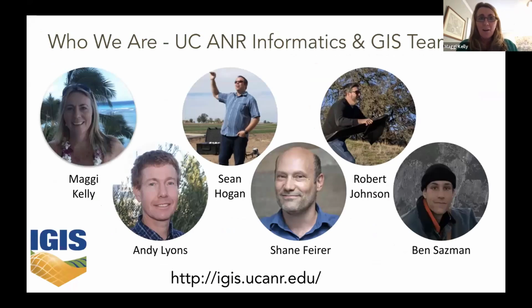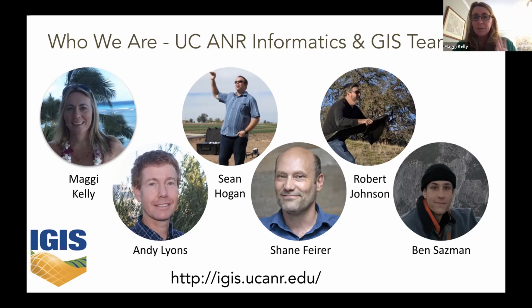This is who we are. We are a statewide program. I'm the director, Maggie Kelly. I'm a cooperative extension specialist and professor based out of Berkeley. And we have with us this wonderful team to assist you in this. Sean Hogan's going to be giving the bulk of the workshop today. He's a remote sensing expert and an ArcGIS Online and ArcGIS Pro expert as well.